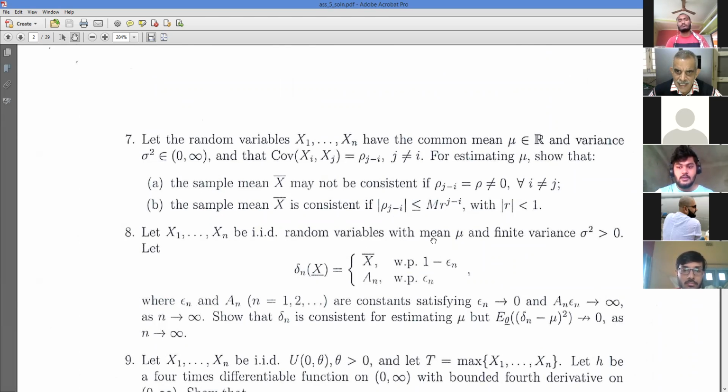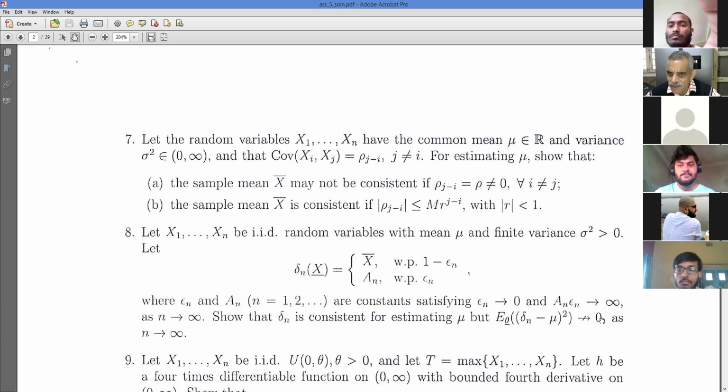X can be IID random variables with mean mu and variance sigma square. Delta n is x bar with probability 1 minus epsilon n and an with probability epsilon n, where epsilon n and an are constants satisfying epsilon n going to 0 and an epsilon n going to infinity. Then delta n is consistent for estimating mu, but expected value of delta n minus mu whole square does not go to 0. Is that okay?